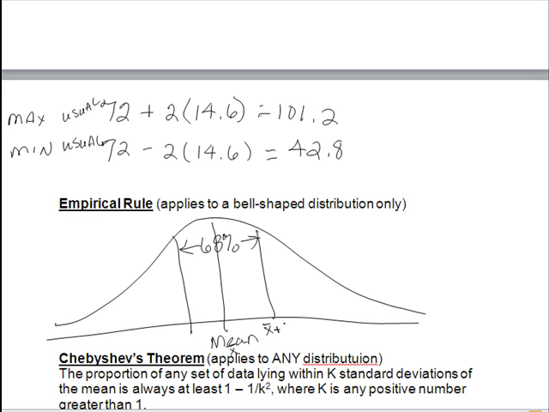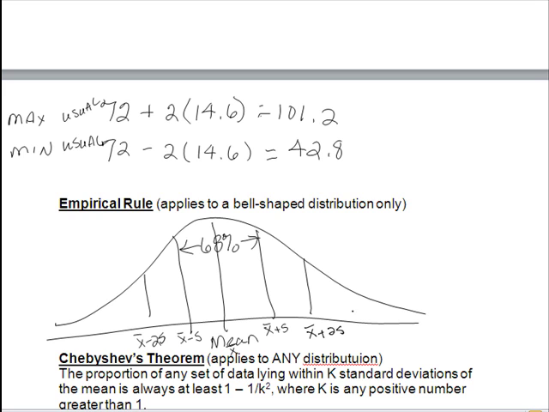If we go out 2 standard deviations, so this is going to be X bar minus 2S and X bar plus 2S, then we find that 95% of the data values fall within that range.